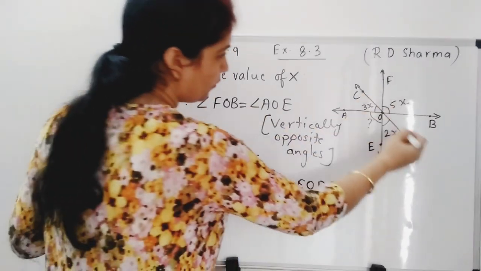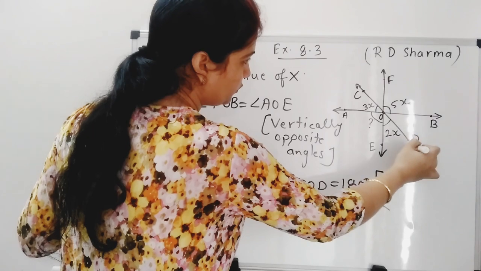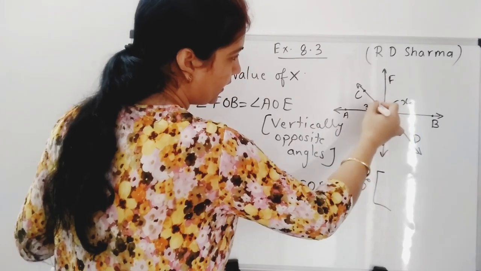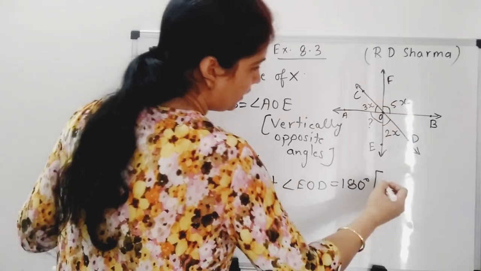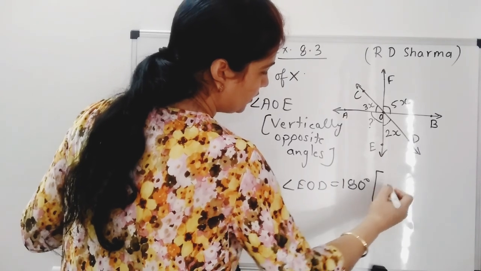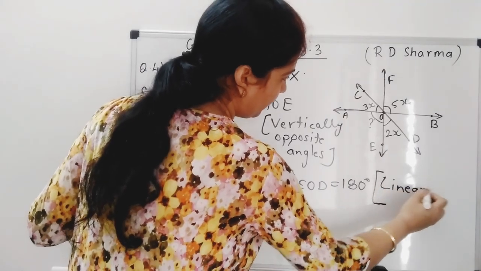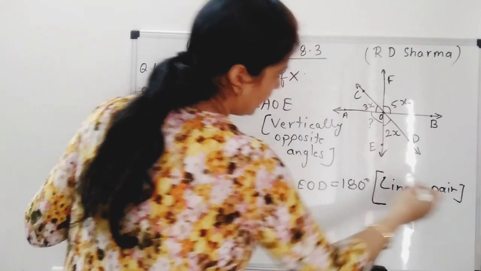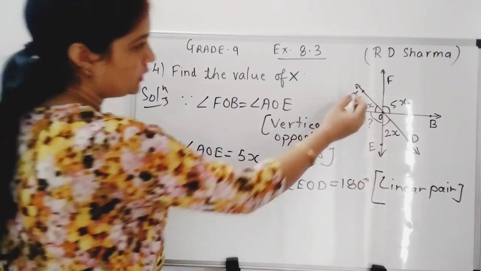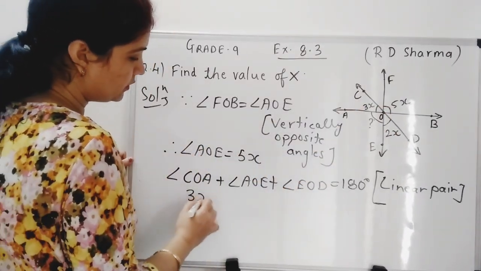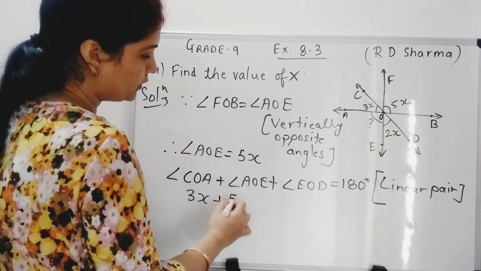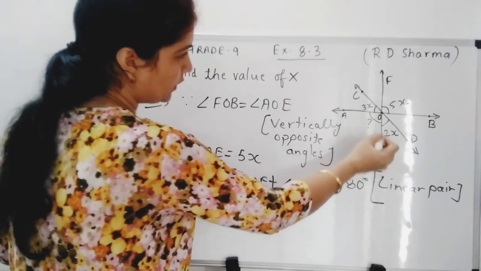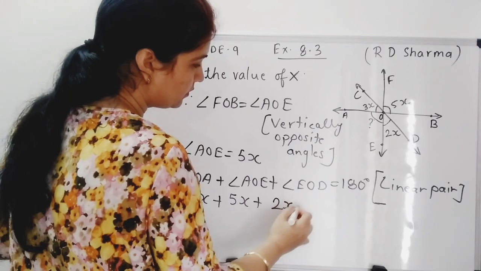Because they are making a linear pair, meaning CD is a straight line and these angles are formed here only by intersecting at a single point. So I can say this is a linear pair. That's why they are 180. Now I'll put in the values. COA we already know is 3x. AOE we already know is 5x. And EOD is already given, 2x, is equal to 180.